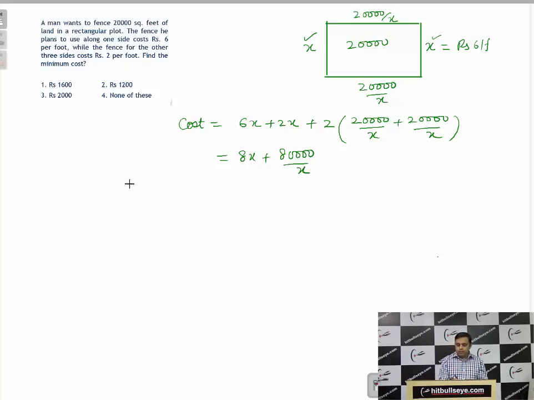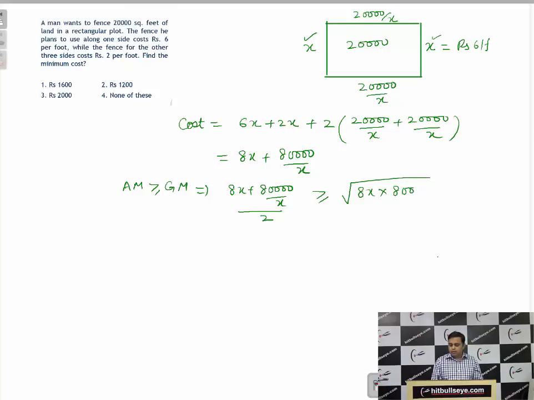Now we have the result that arithmetic mean is greater than or equal to geometric mean. Just apply this result. The arithmetic mean of these two numbers will be 8x plus 80,000 divided by x, divided by 2, greater than or equal to their geometric mean, which is the square root of 8x into 80,000 by x. Now here this x will cancel out.